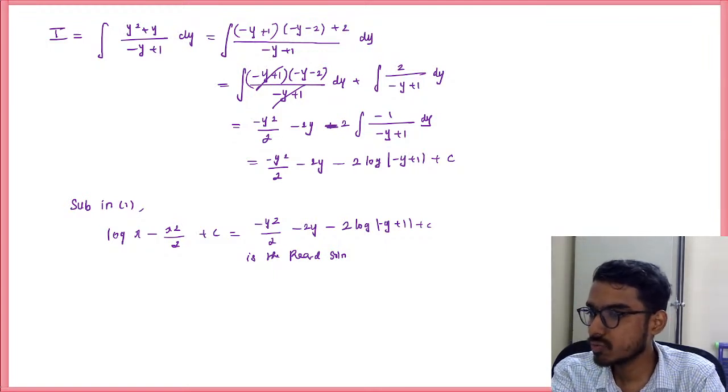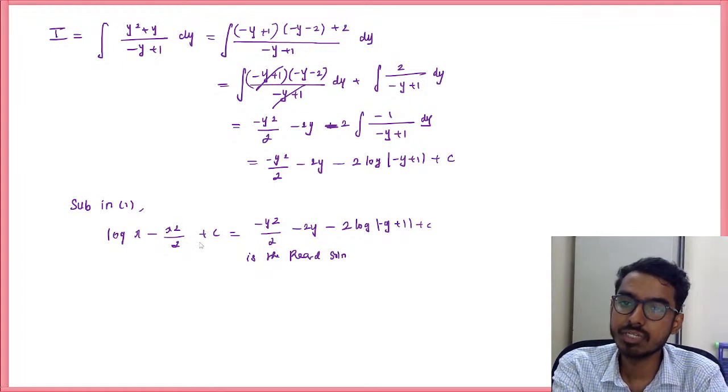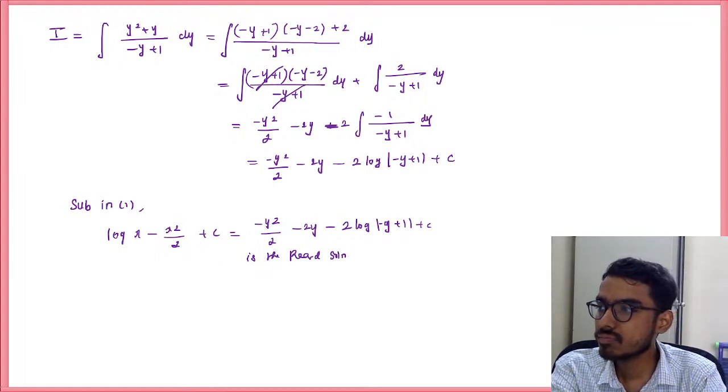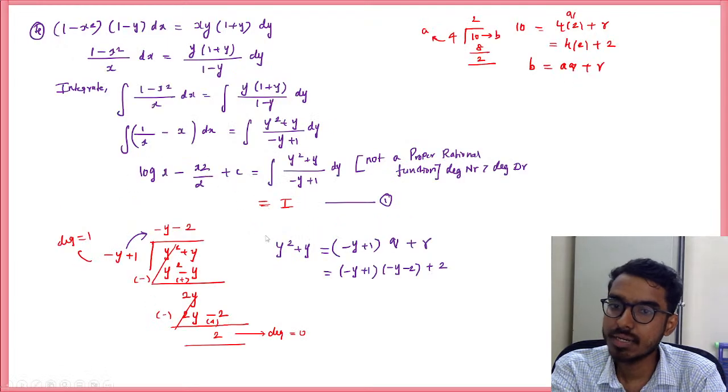Let's check the solution. Minus y squared by 2 minus 2y minus 2 log modulus y plus 1 is equal to log x minus x squared by 2 plus c. This is the required solution, right? Is it clear? Very simple, right?